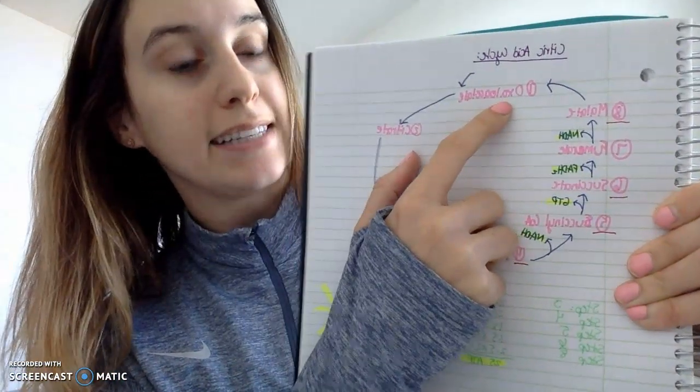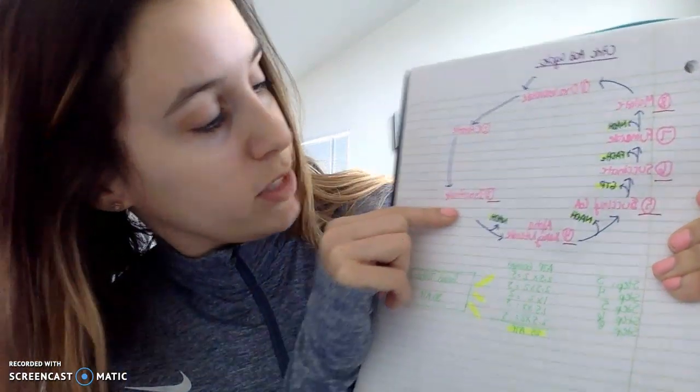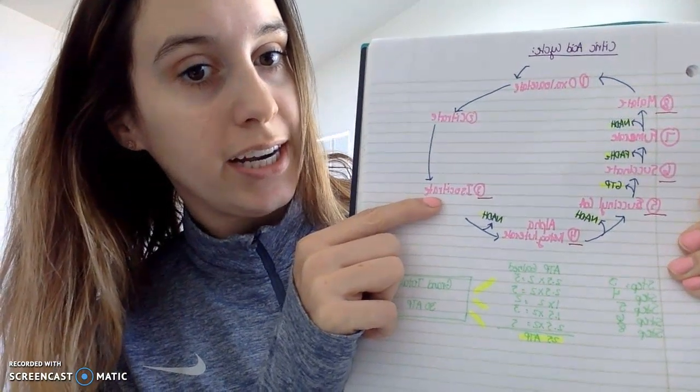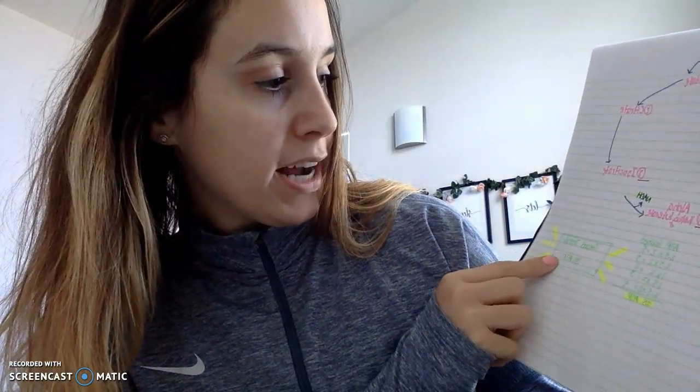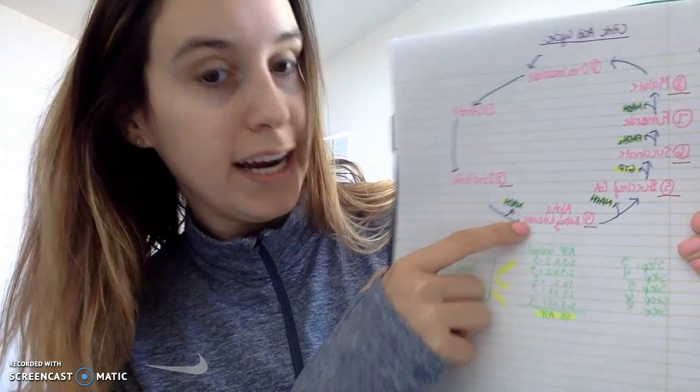First we start with oxaloacetate, which then goes to citrate, which then goes to isocitrate, and I underlined in red where ATP and NADH and FADH are going to be produced. After isocitrate, we go to alpha ketoglutarate, and an NADH is produced there.